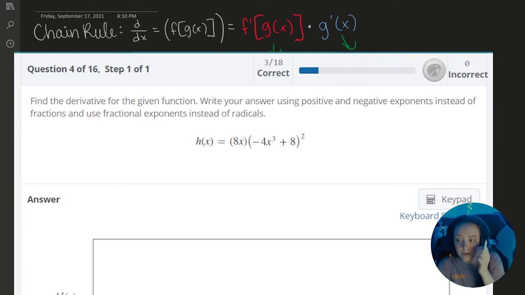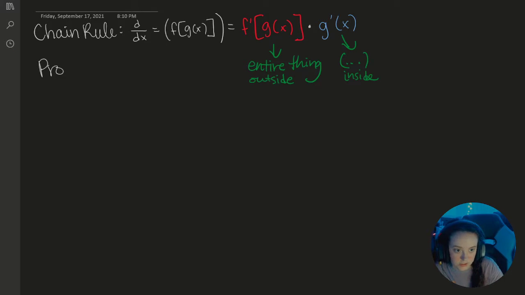But I'm going to remind us of what product rule even is, because I know we're still probably struggling with that. Let me get rid of this question so y'all can see.